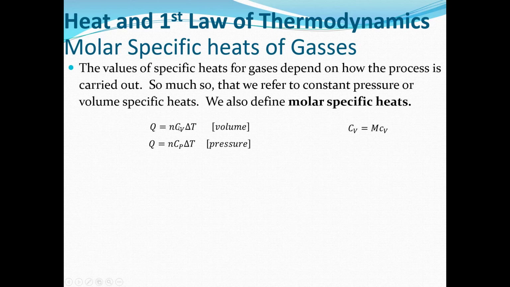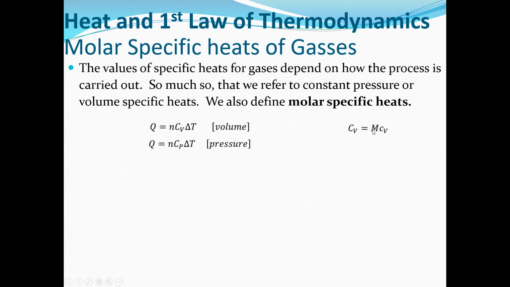Instead of m little c ΔT, we combine the m in with the c, and we end up having this little n capital C. Capital C is our molar specific heat. Little n is going to be the number of moles.